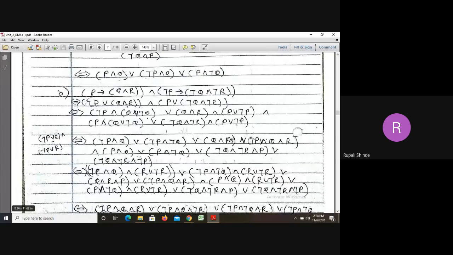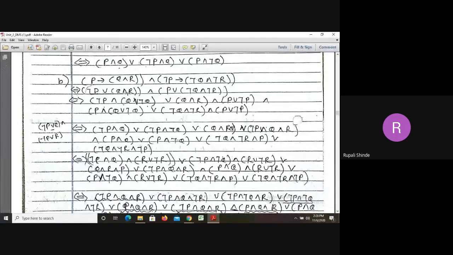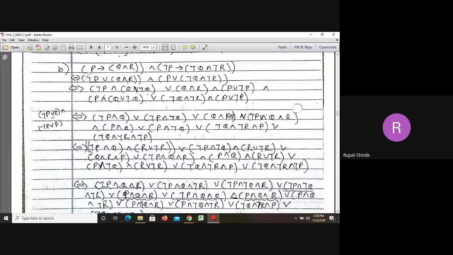Now check here. Here we have written all those terms. Now again we have to check whether each and every bracket contains all the variables. So for this first term, negation P and Q, R is missing.